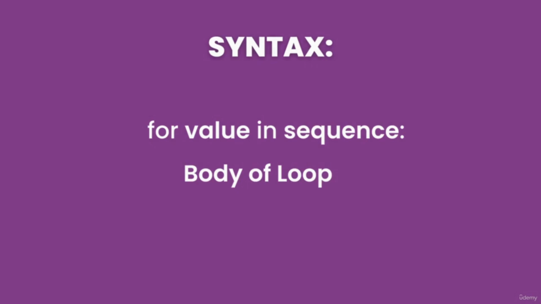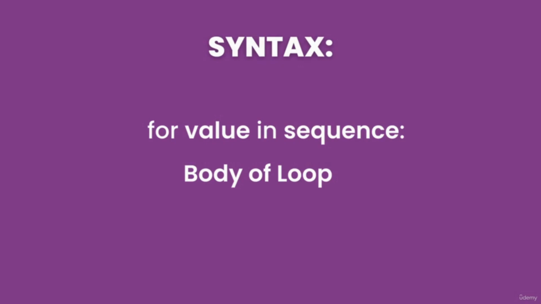The value is a variable of your choice. In the body, you write the command that you want to be carried out for the value. You could say print value, which would print every number in the range or every character in the string. You could even write other things in the body of the loop.